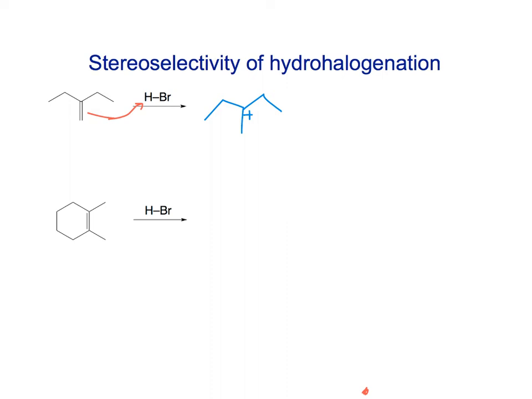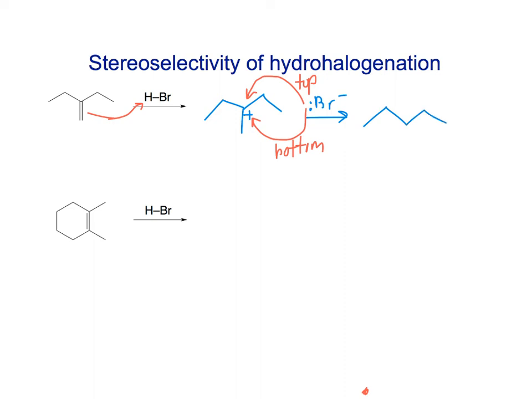All right, now the bromide, because we know that this carbocation is planar, the bromide could come either in from the top or it could come in from the bottom. All right, let's look at the two possible products then.